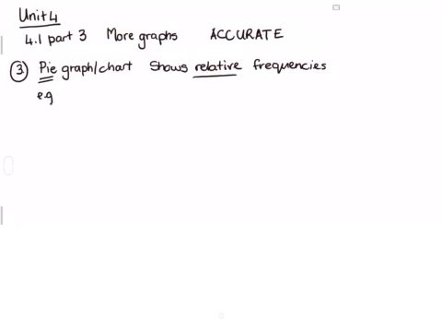So, for example, we asked people about what are their preferences in flavors of potato chips. So when you see the relative frequencies, it doesn't have to tell you how many people were interviewed. You can put that number on as well.